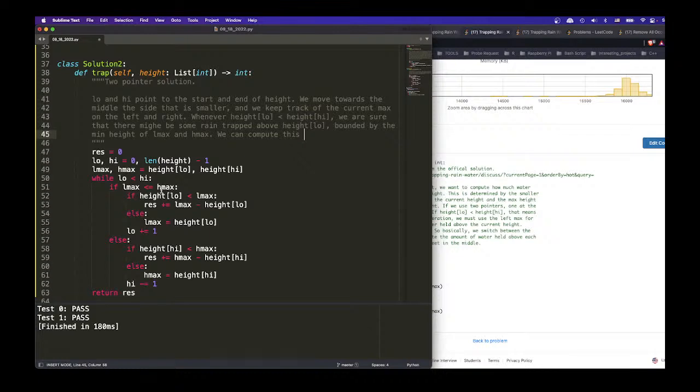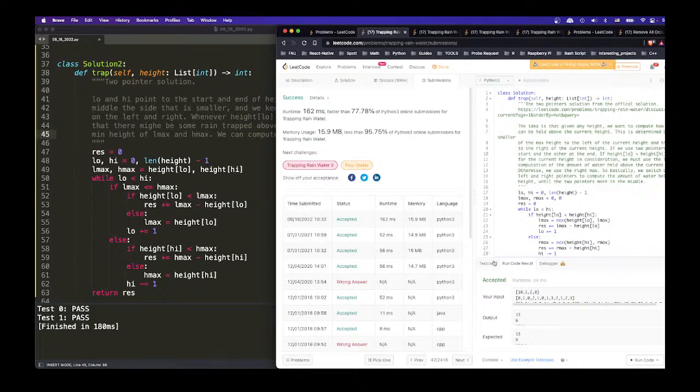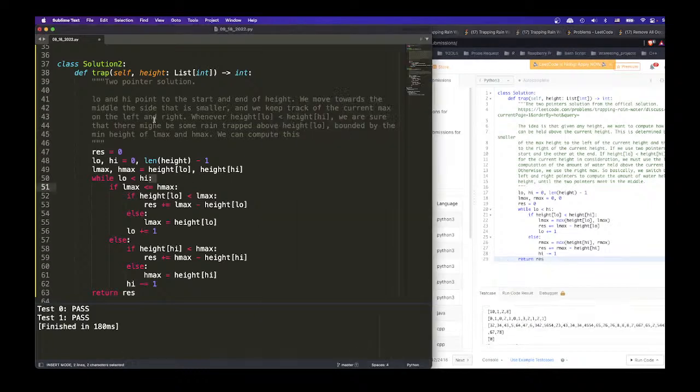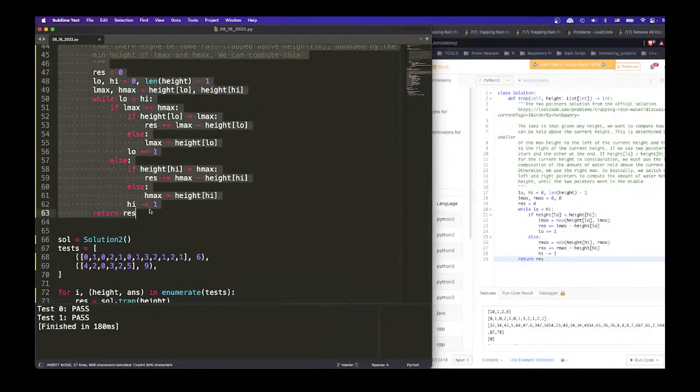Then we say low max minus height low. That's the amount we can get. It's true. But hold on. It's not correct. What is the problem?